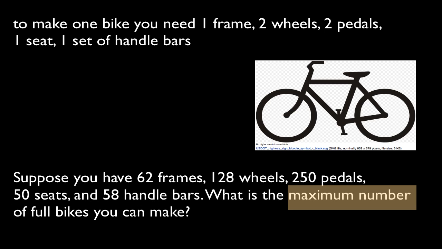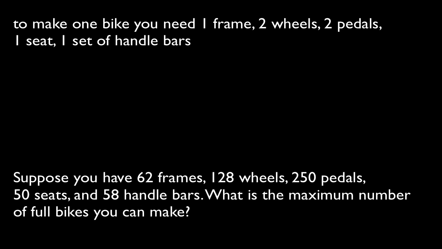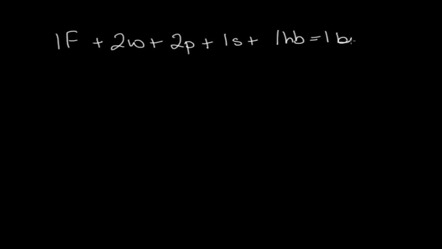Now, I'm sure that most of you can look at this and come up with the answer in your head, but let's just work it through a little bit. One frame plus two wheels plus two pedals plus one seat plus one set of handlebars gives one bike.